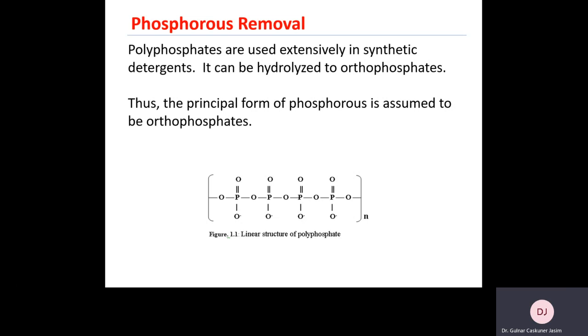Polyphosphates are used extensively in synthetic detergents, and this is one of the reasons detergents are causing the phosphorus pollution in the aquatic environment. It can be hydrolyzed to orthophosphates too. Therefore, the principal form of phosphorus is assumed to be orthophosphates. And you can see here the linear structure of the polyphosphates on the slide.